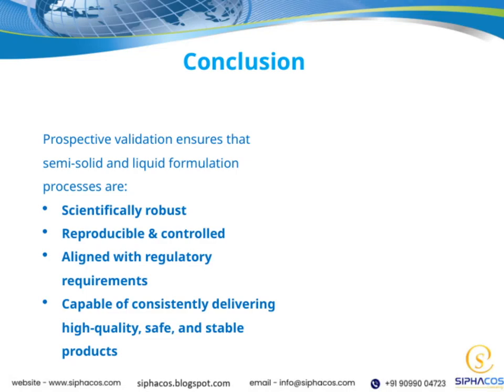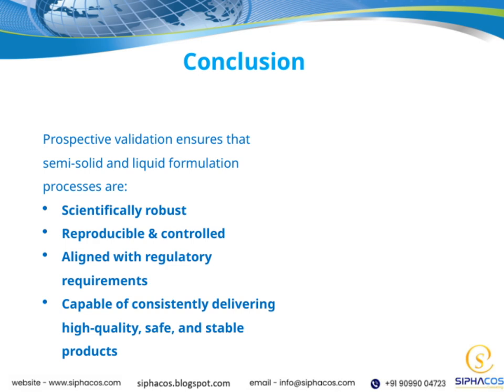Now, let's talk about prospective validation and why it's so important. It ensures that our semi-solid and liquid formulation processes are scientifically robust, meaning they're based on solid scientific principles. It also makes sure these processes are reproducible and controlled, so we can consistently produce the same high-quality product.